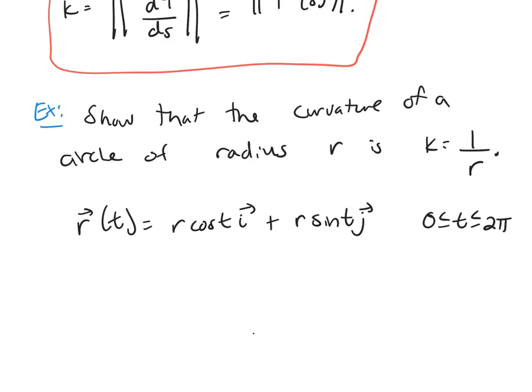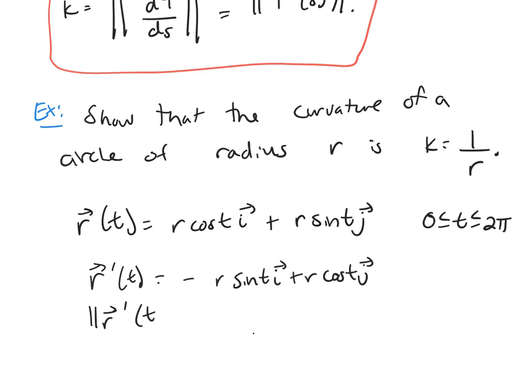So the first thing we have to do, we need our arc length parameter. We need s. So we need to find r prime of t. It's minus r sine t i plus r cosine t j. And the magnitude of r prime will be r.